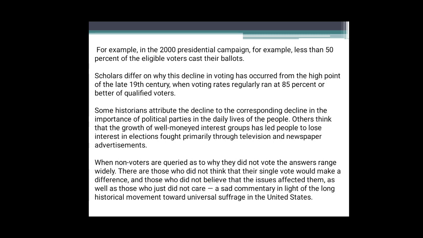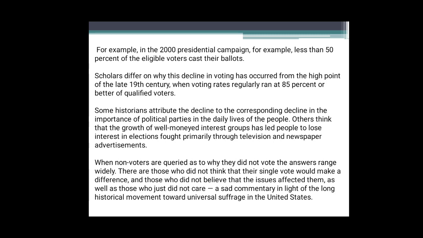So scholars differ on why this decline in voting has occurred from the high point of the late 19th century, when voting rates regularly ran at 85% or better of qualified voters.